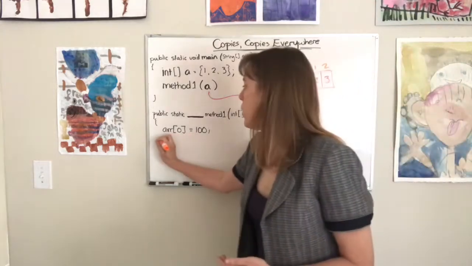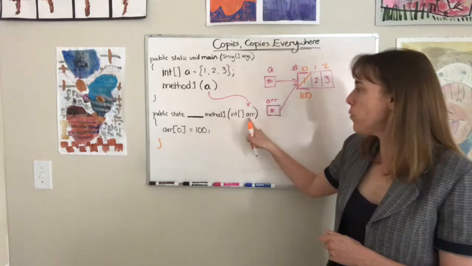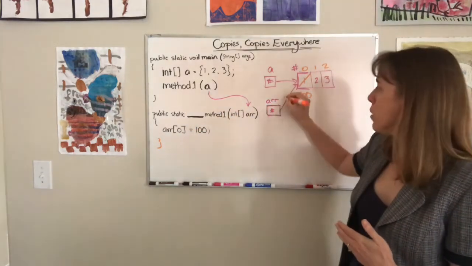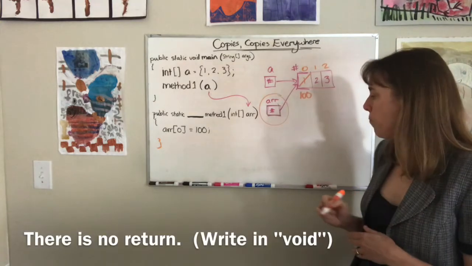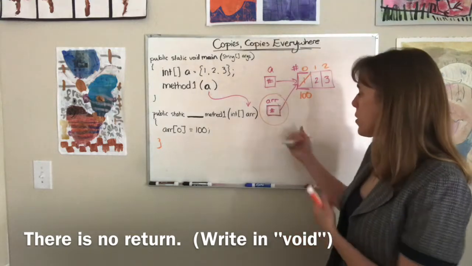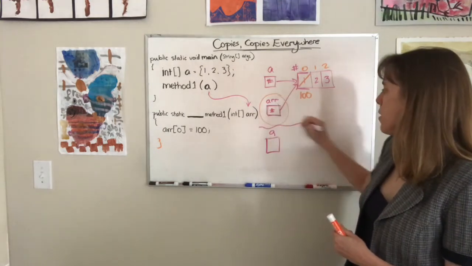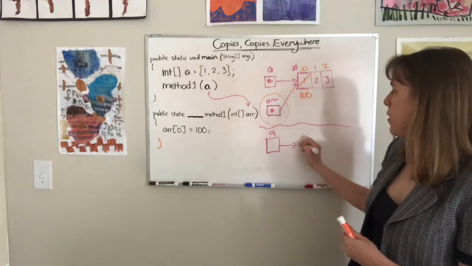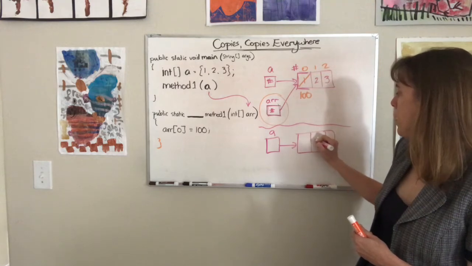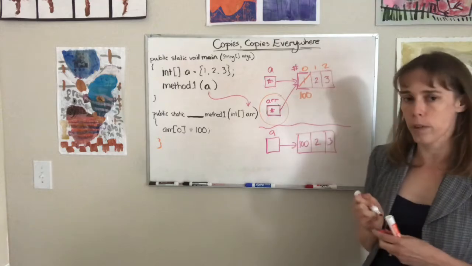That's great. When you get to the end of method 1, the local variable R vanishes. We're done with this whole method. Goodbye to R. It gets erased. So afterward, A points at the array 1, 2, 3, except that instead of 1, 2, 3, it's been changed to 100, 2, 3.